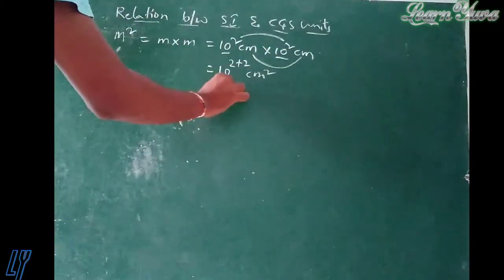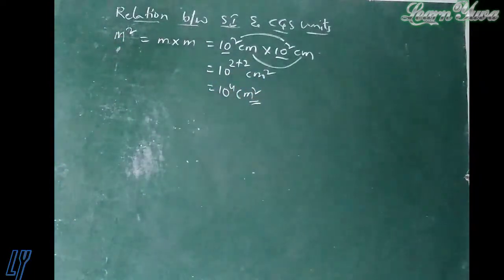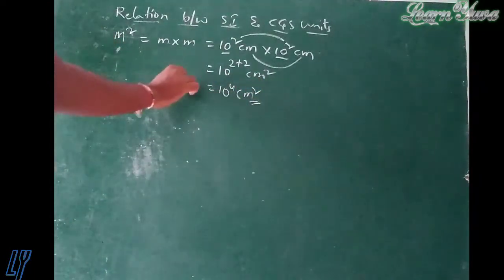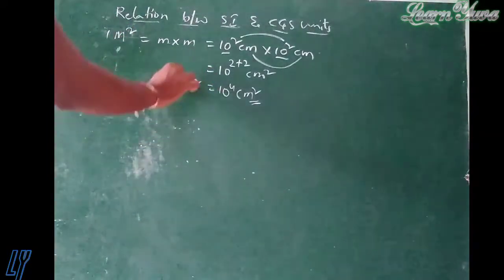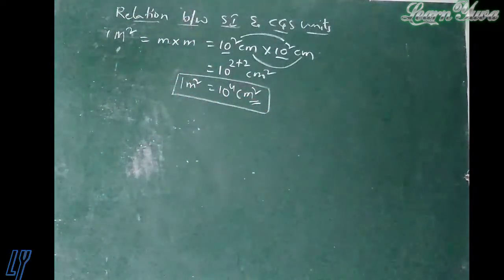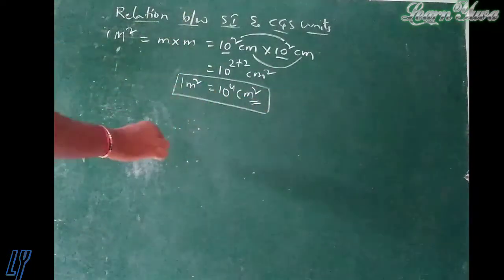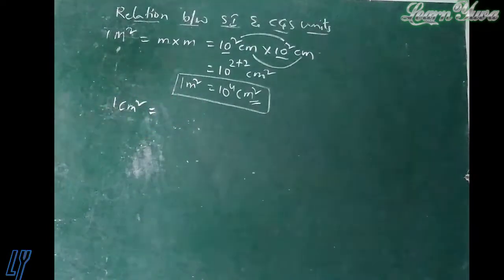So 10 power 4 centimeter square. So 1 meter square is equal to 10 power 4 centimeter square. Then 1 centimeter square is equal to what?